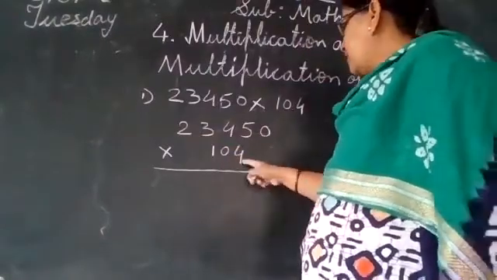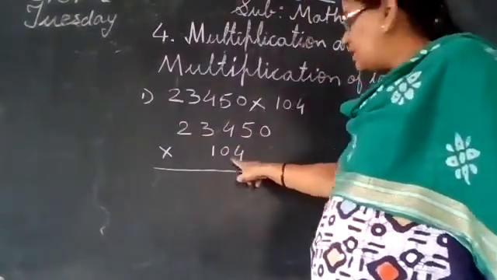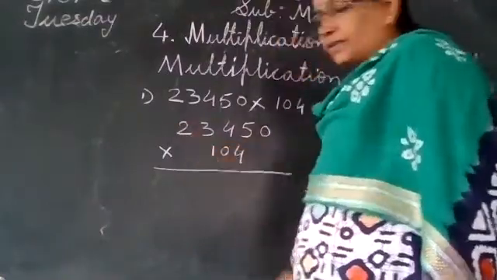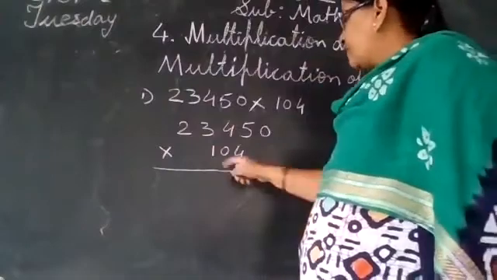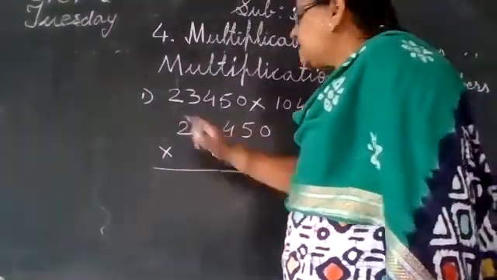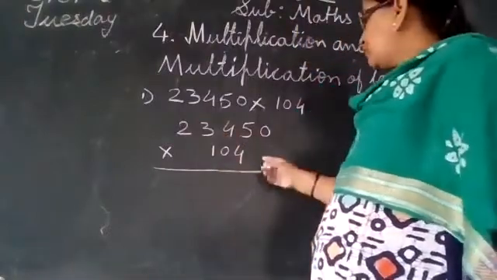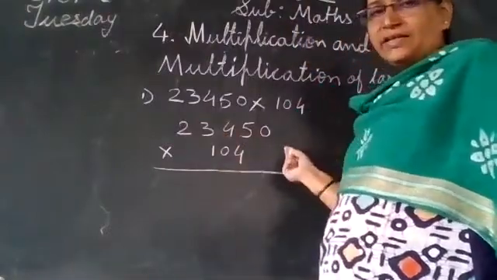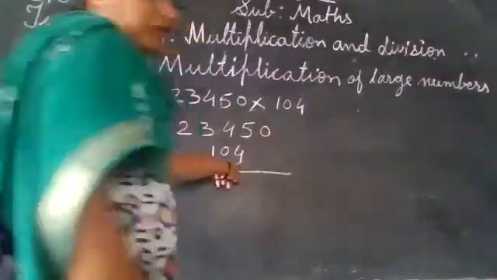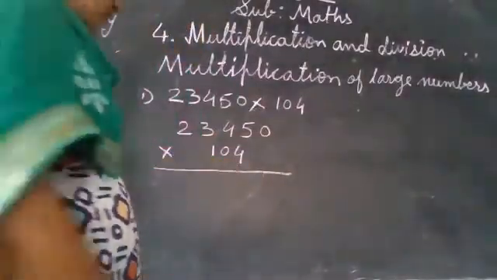Now we will leave one place. Now we will take the second digit and multiply all the numbers. Then we will take this third digit and multiply all the digits. Okay, so starting with the right side. Always the multiplication starts with the right side. Right side means from the ones place.